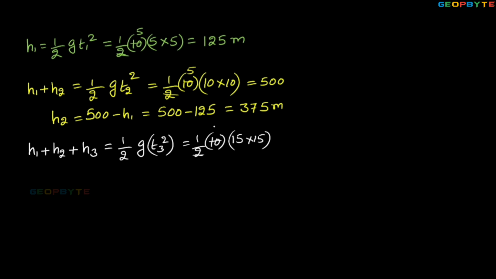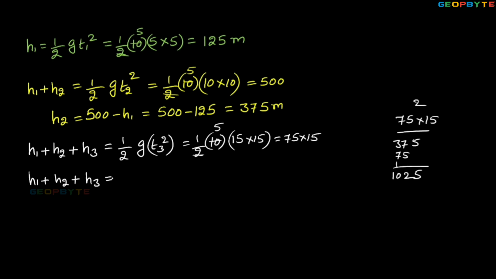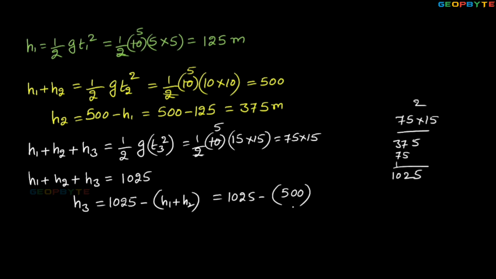Here it is 5 times 15 into 15, and h1 plus h2 plus h3 is equal to 1125.